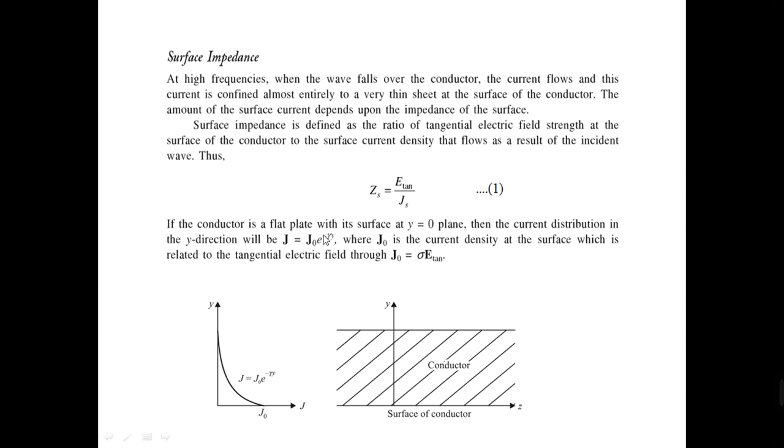J naught is the magnitude and the current is exponentially distributed along the y direction, where J naught is the current density at the surface, which is related to the tangential electric field, where J naught will be equal to sigma into E tan.